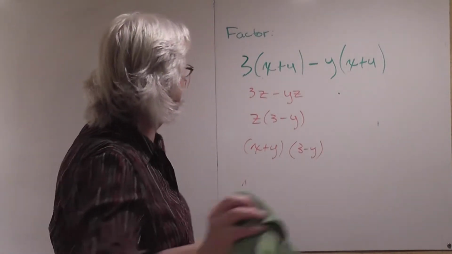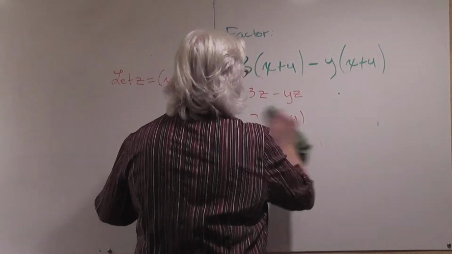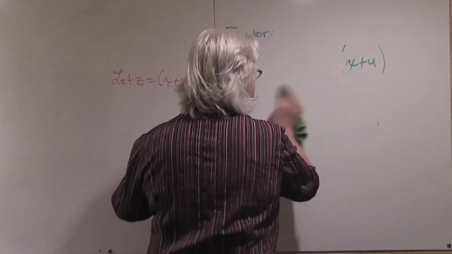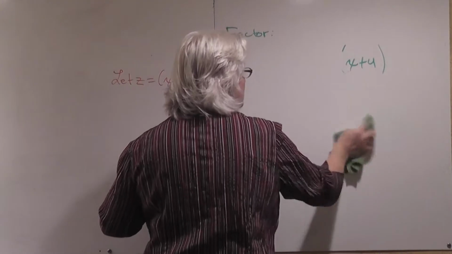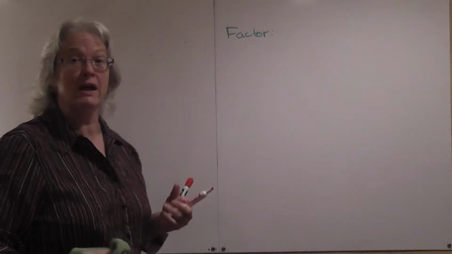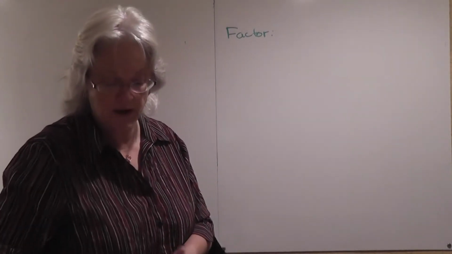This one is a little bit stranger still. It's really not hard. It's just that you need to become accustomed to looking for these different cases, different things that you're using when you're factoring.